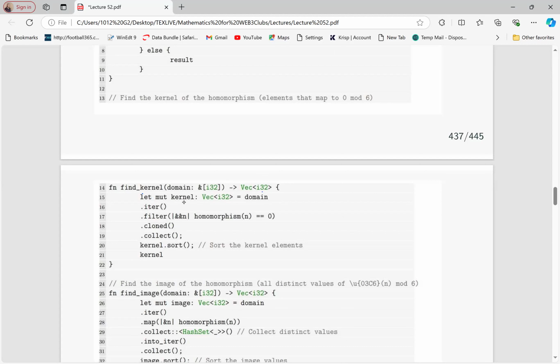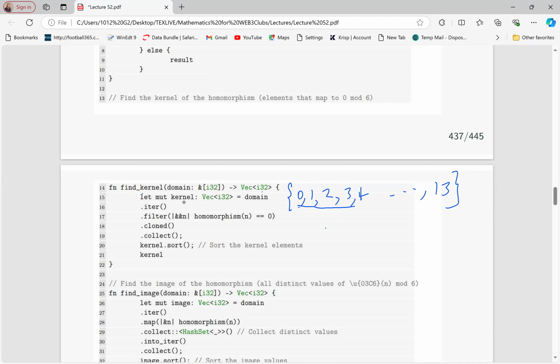Supposing the domain given to us has 0, 1, 2, 3, 4, and so on up to 13. First of all, we have no elements inside there; we begin when it's empty. Then we go through all these elements. Go through the first one, and see whether it fulfills the condition that it will be mapped to 0.